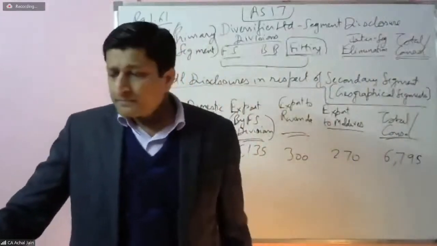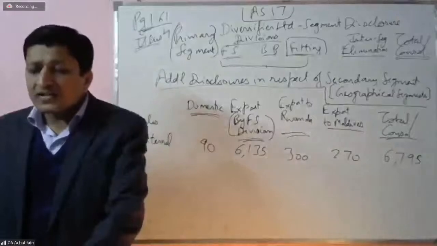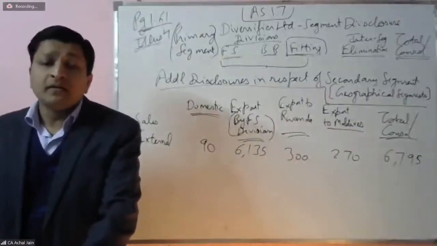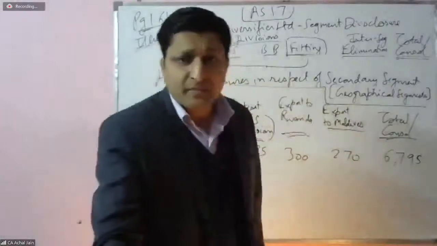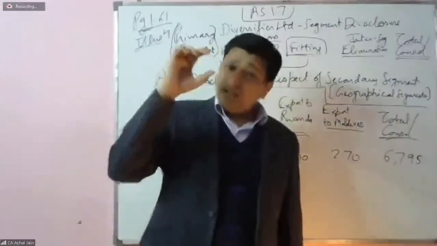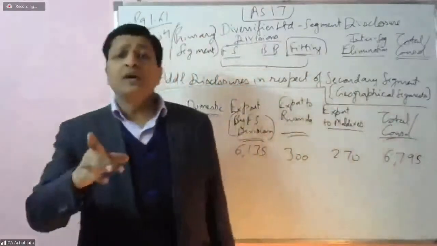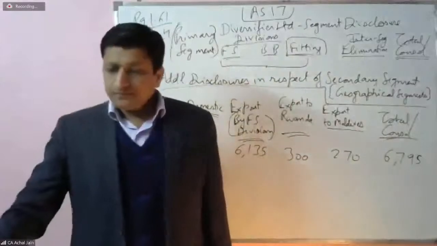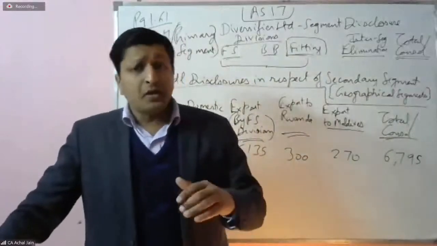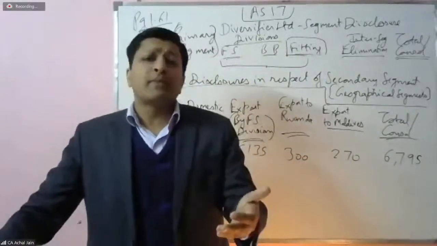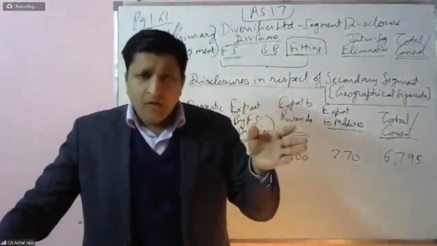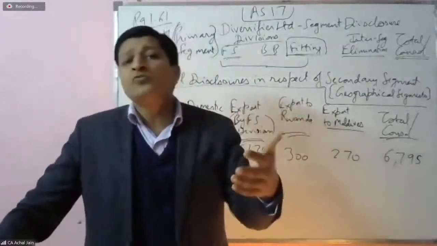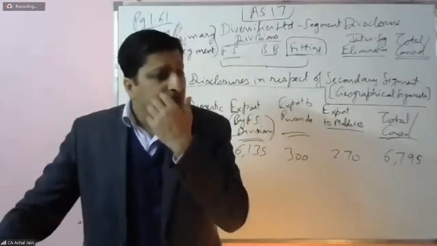For us, what do we need to remember? That all the disclosures are required for primary segment and limited disclosures are required for secondary segment. Because we will not repeat each and every disclosure by taking geographical segment. We don't want to overload the user with the financial information.